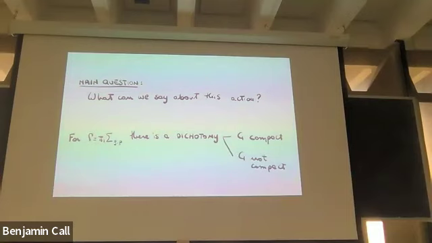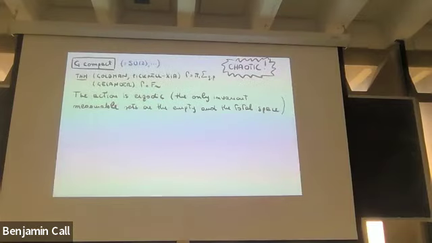Okay, so the first thing that I will mention is that if you take an orientable surface, you can see that there is a dichotomy of behavior, depending on whether the target group is compact or not.